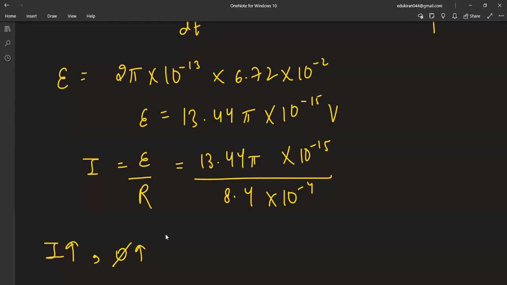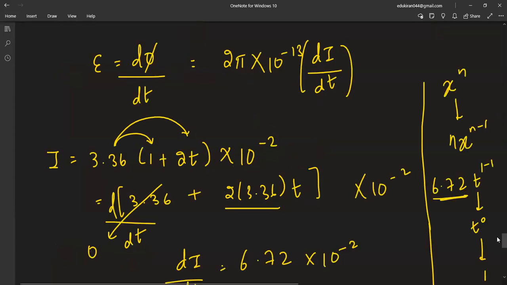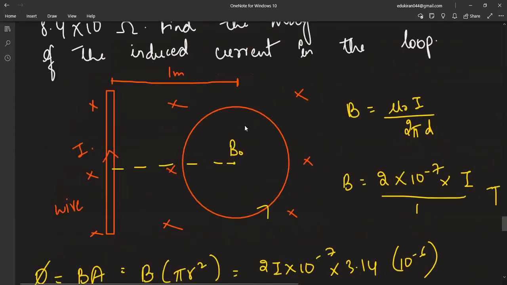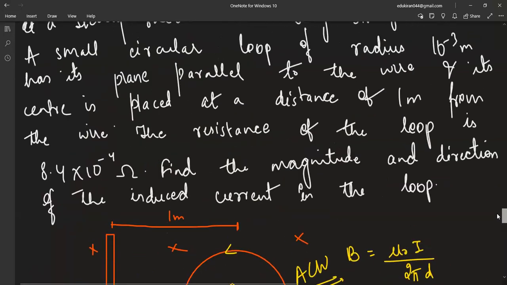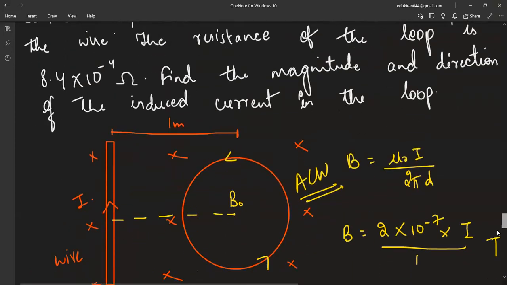So in accordance with Lenz's law, induced current will be in the opposite direction. So if this is moving clockwise, then current will be anti-clockwise. This is how you will determine direction. But in this question, more than direction, magnitude was important.